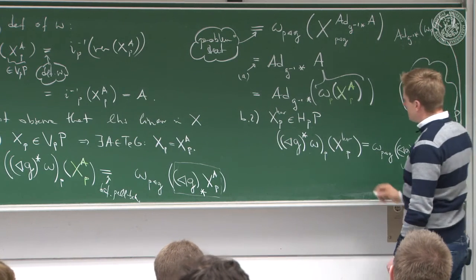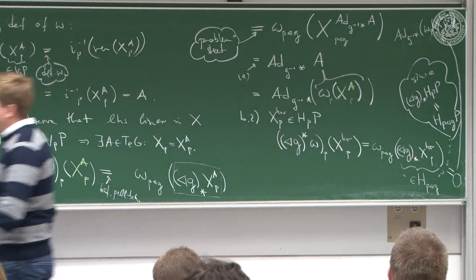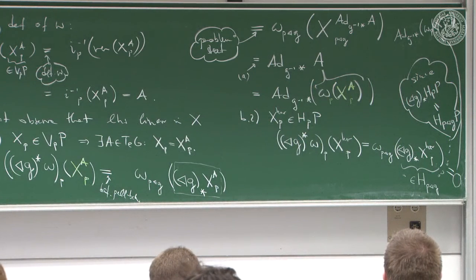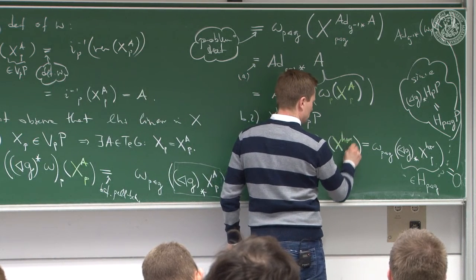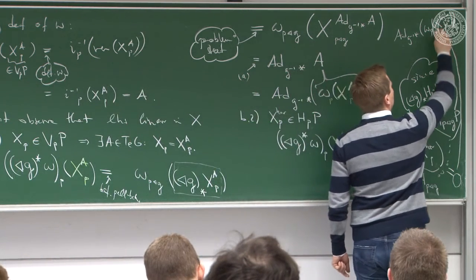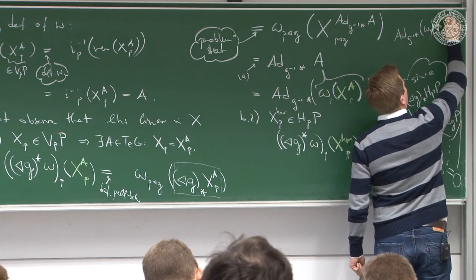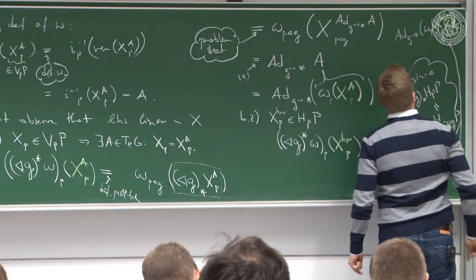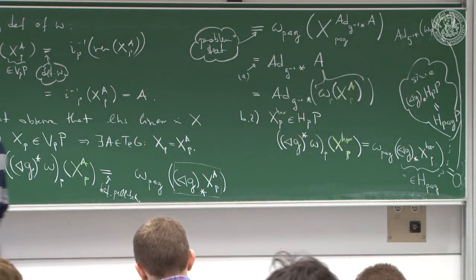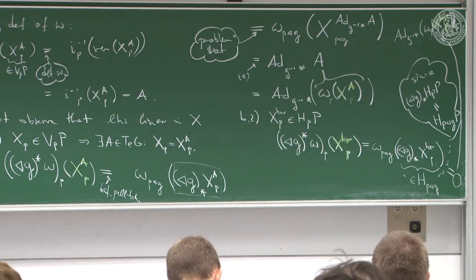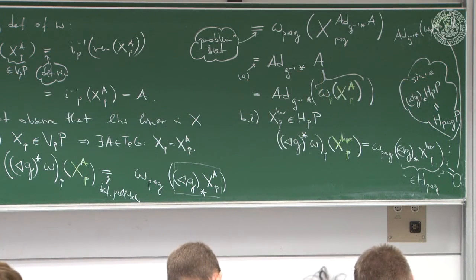But then we again see that for every x hor we put in there, we get this x hor P in there, which for the horizontal vectors is exactly this statement here.